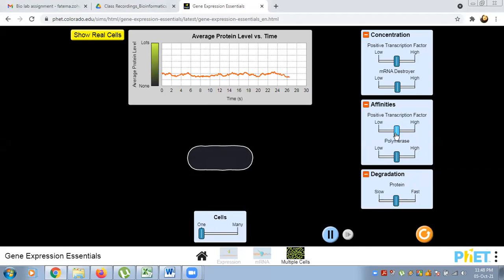If we increase the polymerase, this is polymerase, and if we increase the positive transcription factor, then I'm making it high.